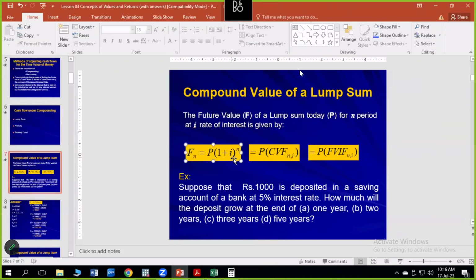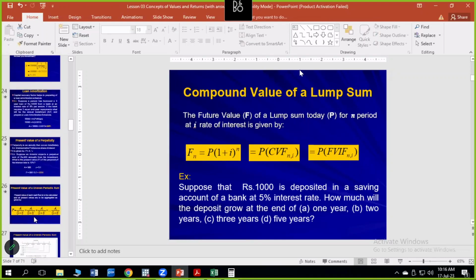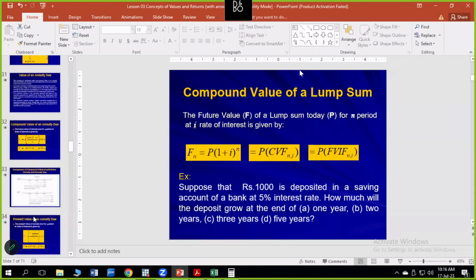So accordingly, applying this in your calculator, you can find the values.